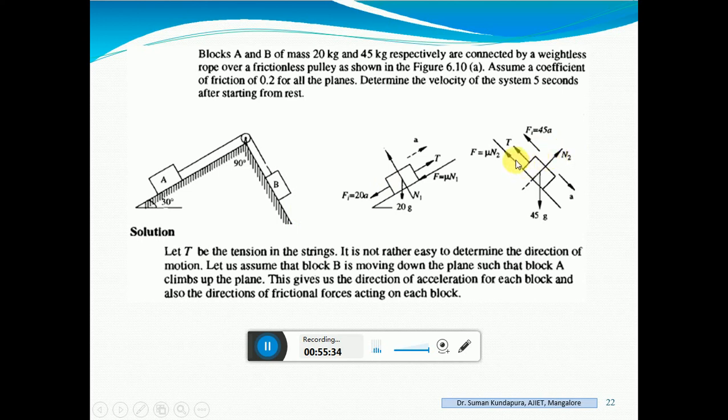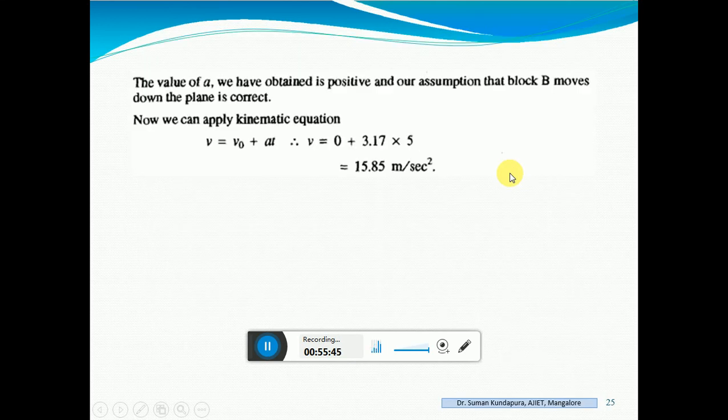That is why we assume friction force upwards. In case after solving it, if you get acceleration as negative, that means the friction force we have assumed should be in the opposite direction. That is, if we would have got a as negative, our assumption that block B moves down is incorrect, and we would have to change. But here, whatever we have taken is correct.